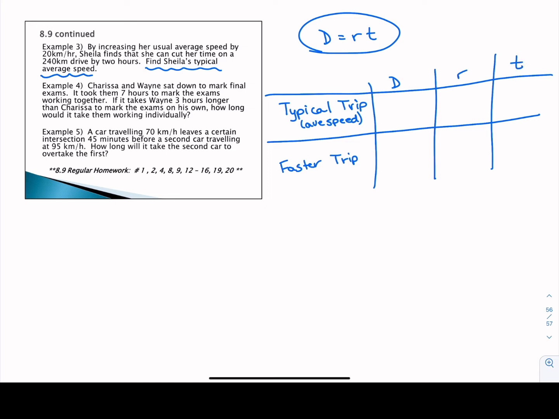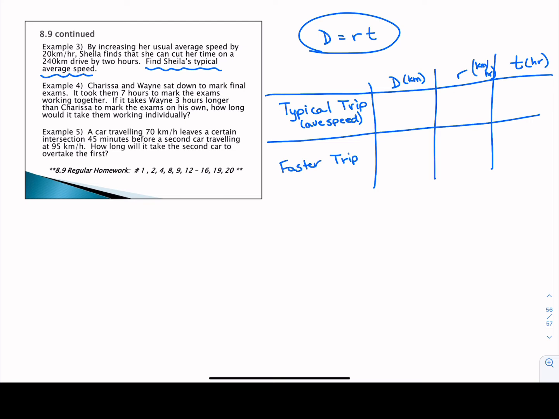So we don't know Sheila's typical average speed. We know distance is going to be measured in kilometers. We know rate, based on the rates we're given, is going to be in kilometers per hour, and we know that time is going to be measured in hours. So if we want to know Sheila's typical average speed, that's going to be our x variable.